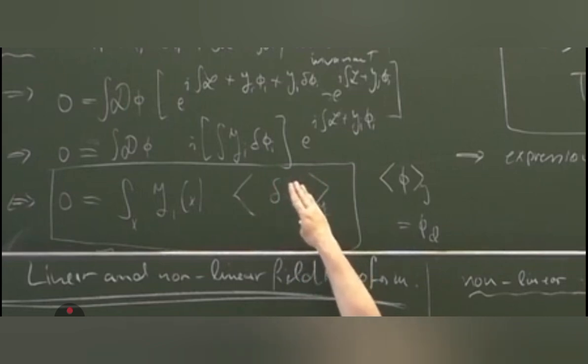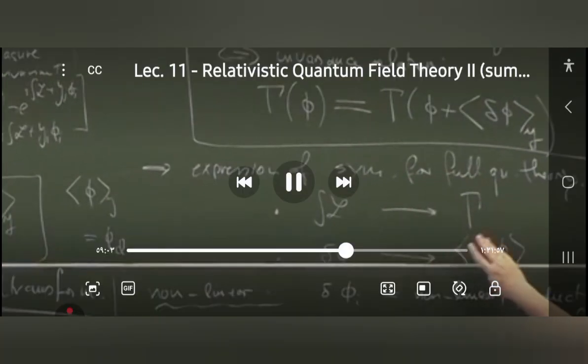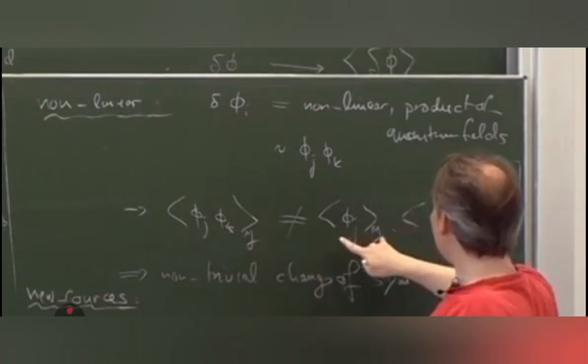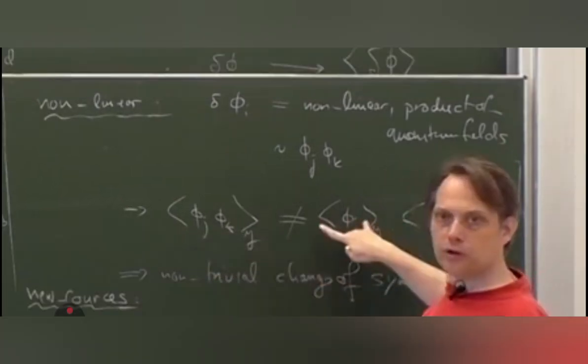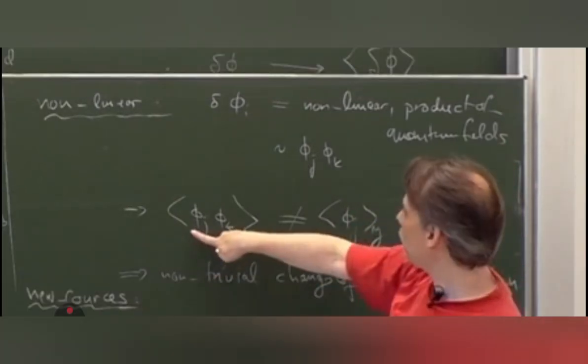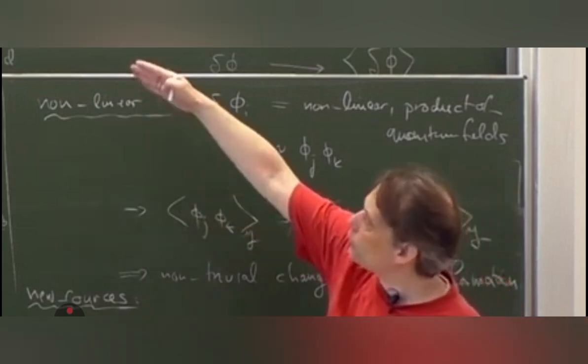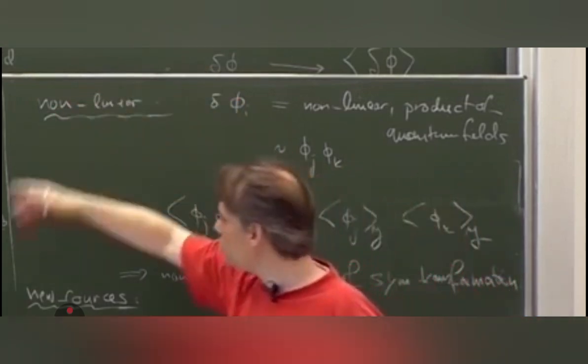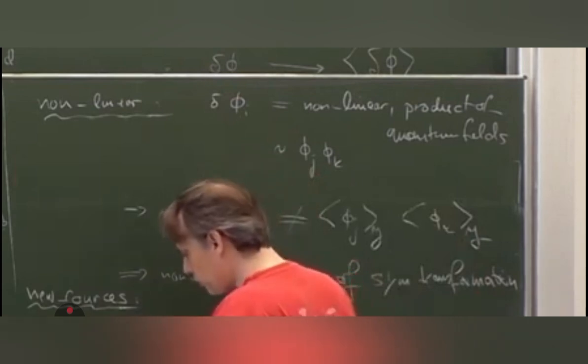Now we see that it becomes important to have control over expectation values of products of fields, and they cannot be obtained by products of individual expectation values. Therefore, we cannot get them by taking derivatives with respect to j many times, but we need something new, and that is new sources in the path integral. So that is useful.